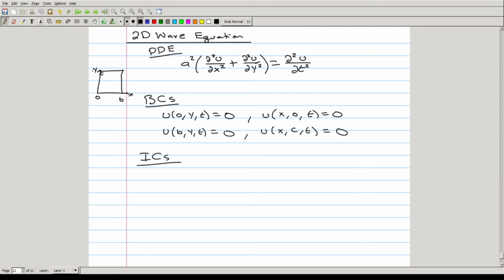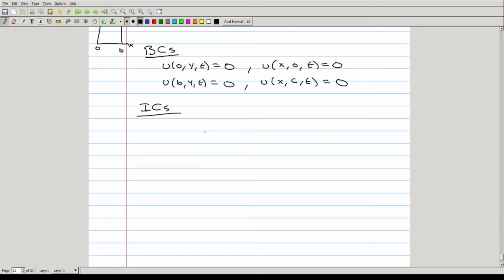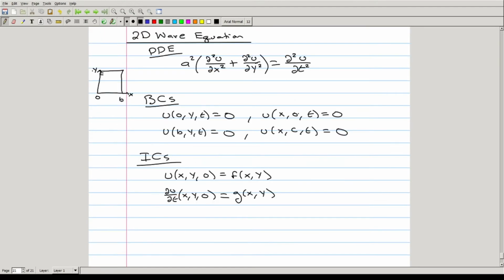Where again we also have two initial conditions. U of x, y at 0 will be equal to some function f of x, y, and then du dt also must be specified. We'll say that's some function g of x, y. And so this is our boundary value problem for the 2D wave equation.